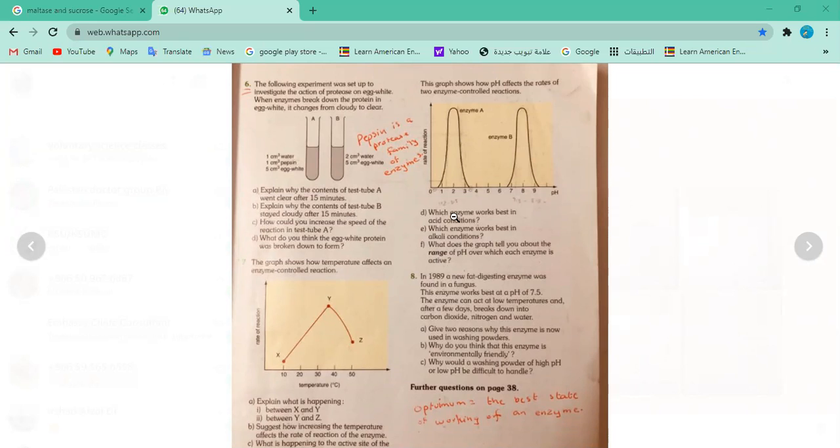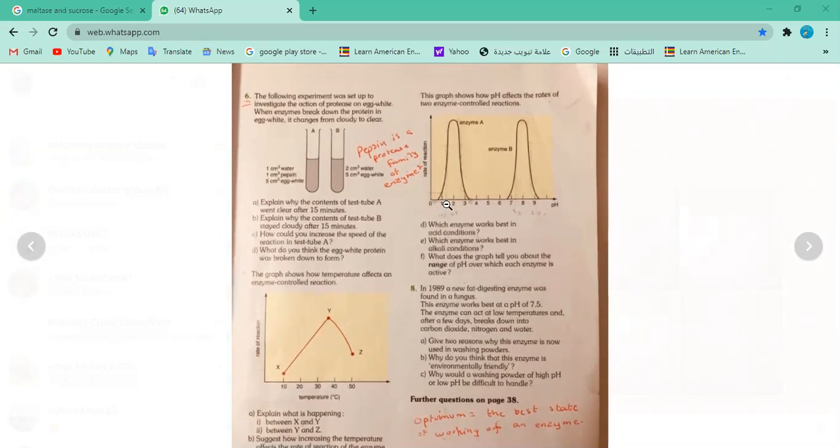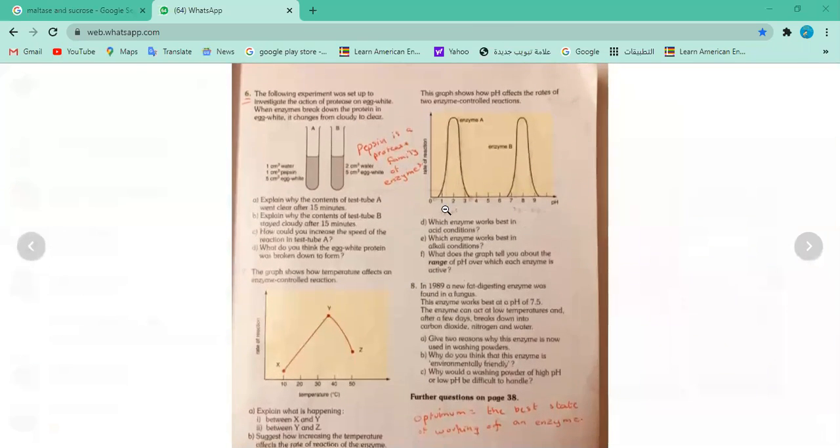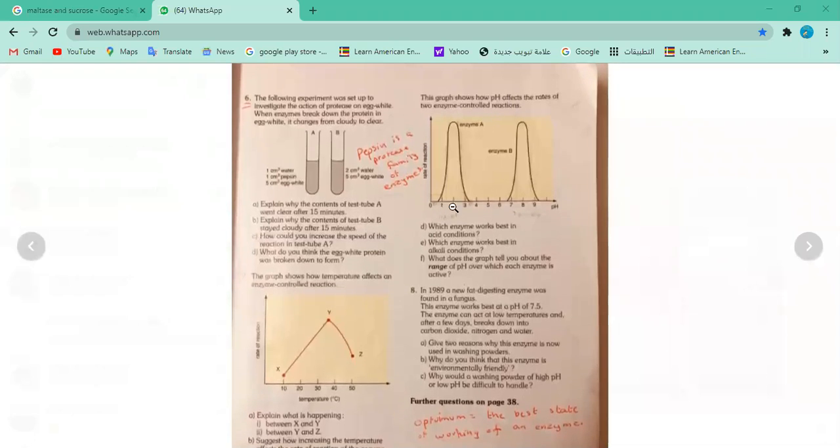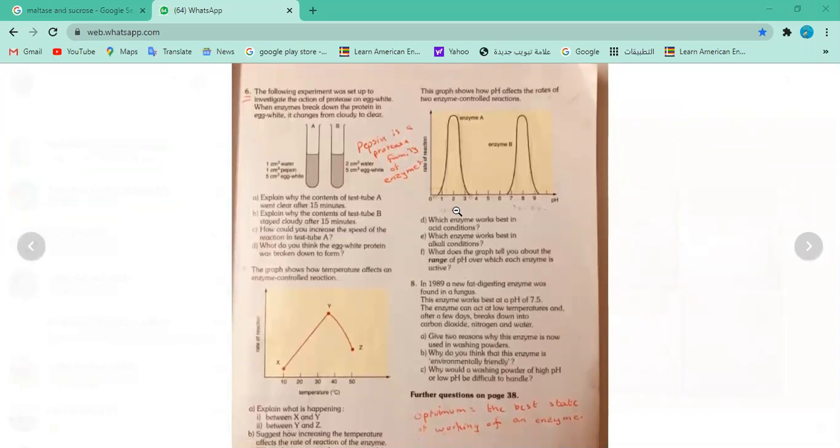It tells us that enzyme A works in a highly acidic environment. If you want to see the range, which value do you think would be more appropriate for this enzyme to work? Which range? pH 2.